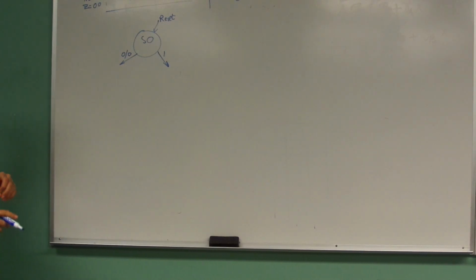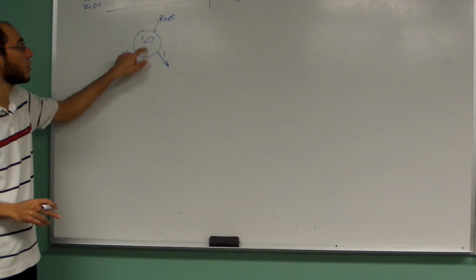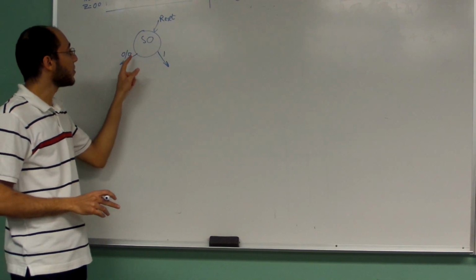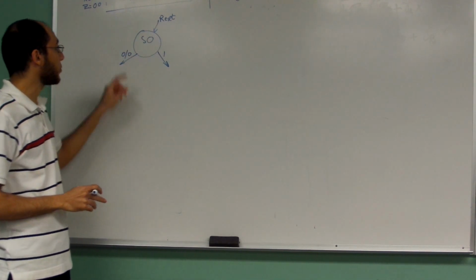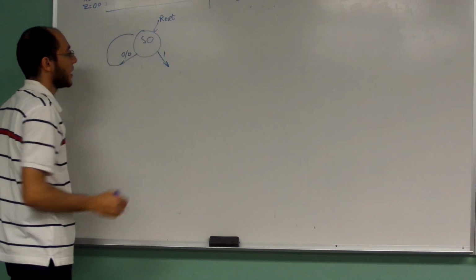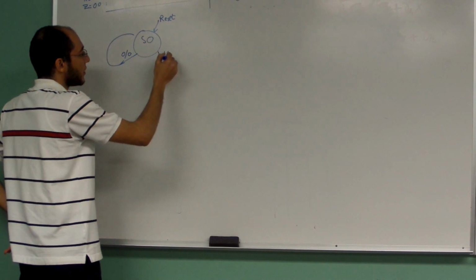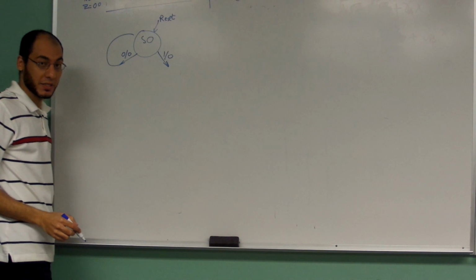That's the difference between a Mealy machine and a Moore machine, is that in the Moore machine the output was inside the bubble, inside the state. However, for the Mealy machine, the output is outside the bubble. The output is on the arrow. Right? So go to state S0. If I receive a 1, still this 1 is a part of the sequence, but the output should be still a 0.